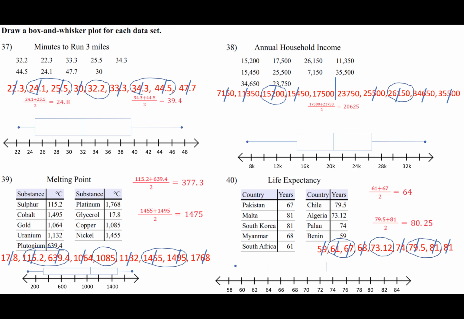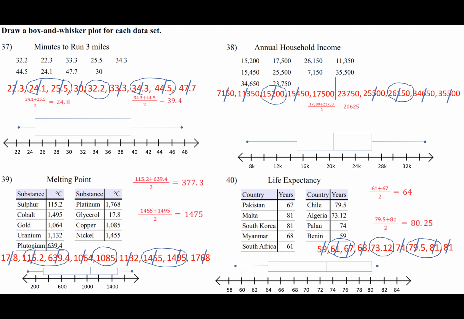My upper quartile is 80.25. My biggest number on the list is 81. My 3 marks in the center, those 3 lines, let me close them up as a box. And my points, let me connect them to my box with line segments and make them look like whiskers. So that's your box and whisker plot. You can easily do it on paper.